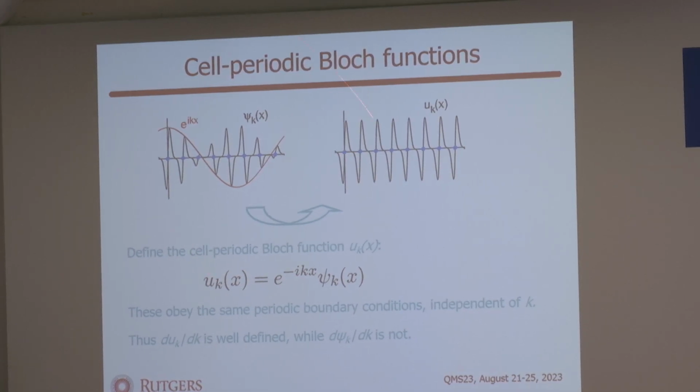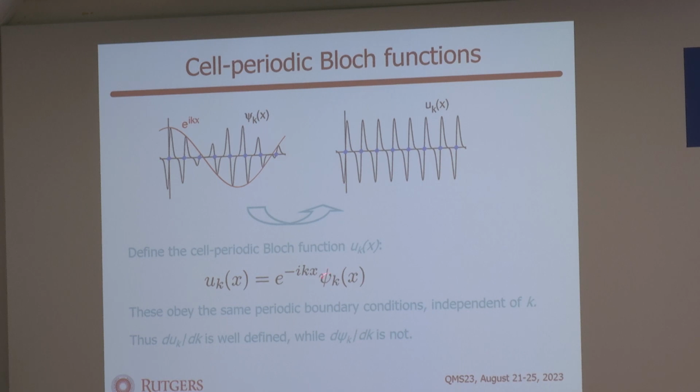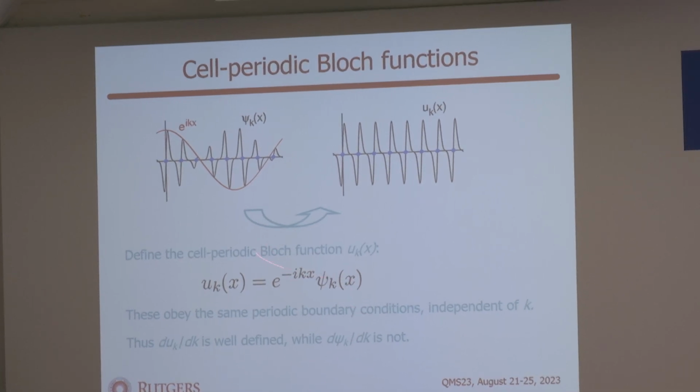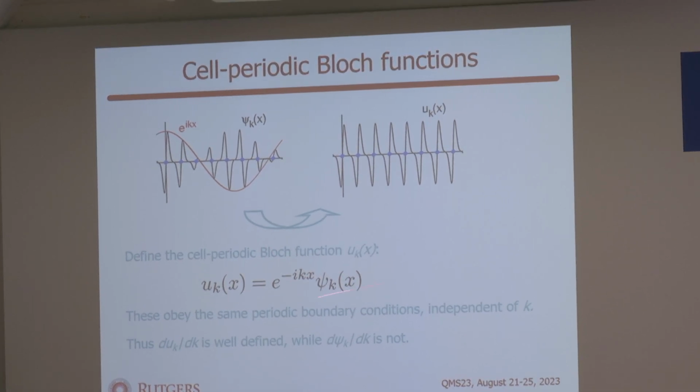The u_k of x is the cell periodic Bloch function, which has the phase divided out of it from the Bloch function. And all of the geometric properties like Berry phases and Berry curvatures are going to be defined in terms of the cell periodic Bloch function, not the original psi.